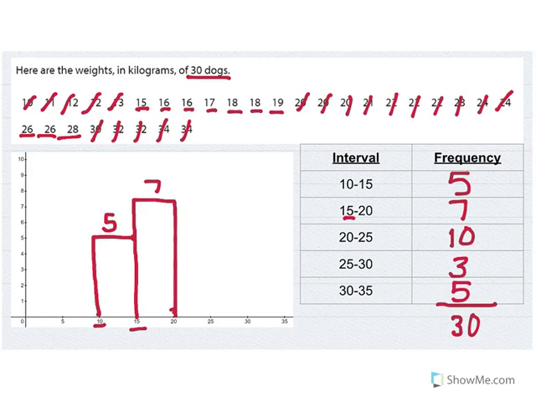Now our next interval is 20 to 25, and that one goes all the way up to 10. This one's 10. From 25 to 30, we only had 3. So I'm going to make it go from 25 to 30, and there's going to be 3 here. And then from 30 to 35, we have 5 again.